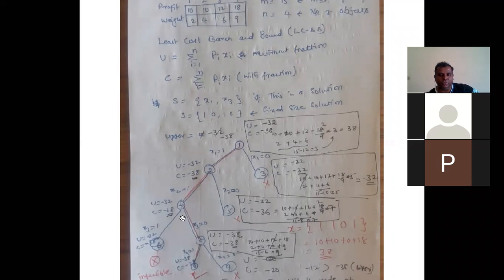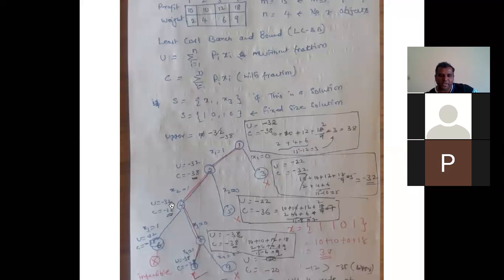C value of node 4 is minus 38. U value of node 5 is minus 22. And U value of node 4 is minus 32. So when you compare the U values of node 4 and node 5, minus 32 is smaller.